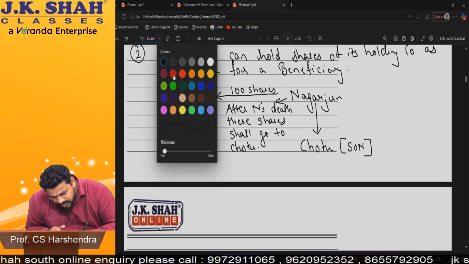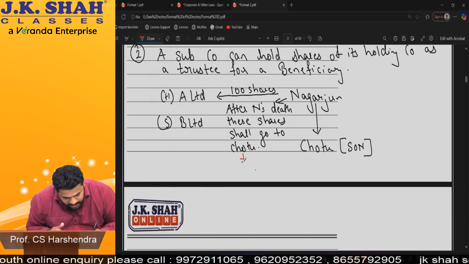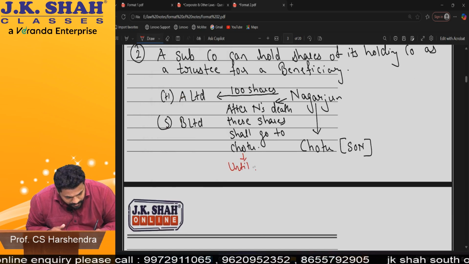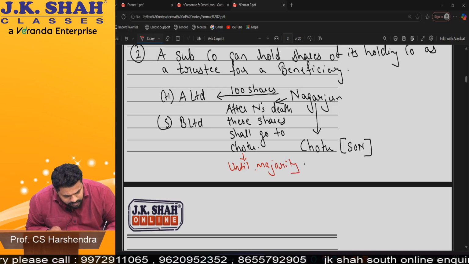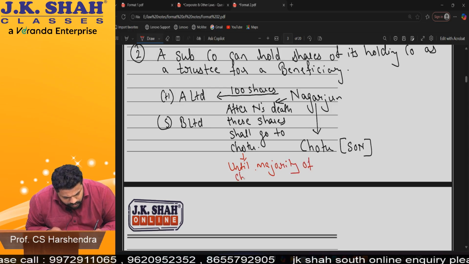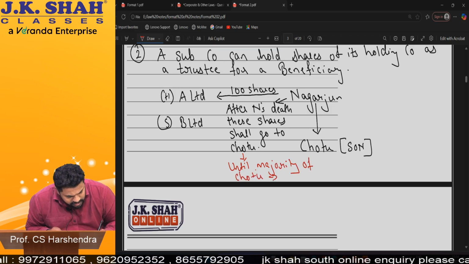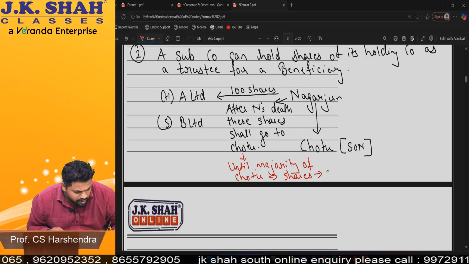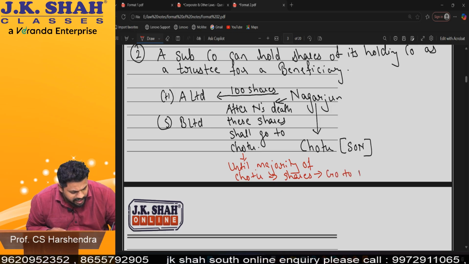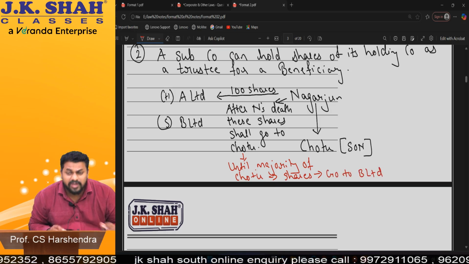So he writes something else also. He writes that until the majority of Chotu, the shares will go to whom? Will go to B Limited, and B Limited will hold as what, beta?